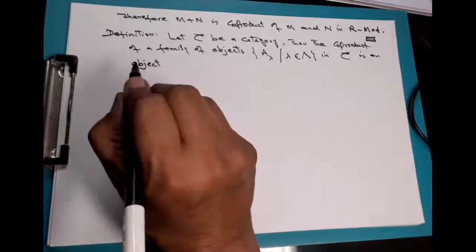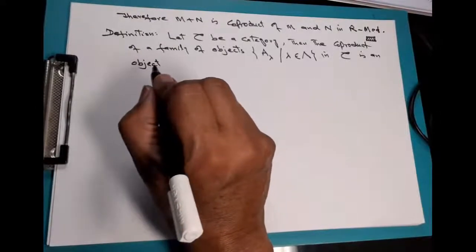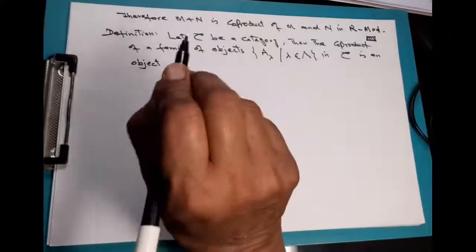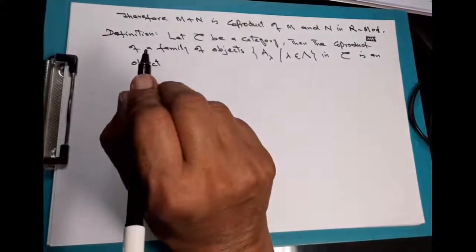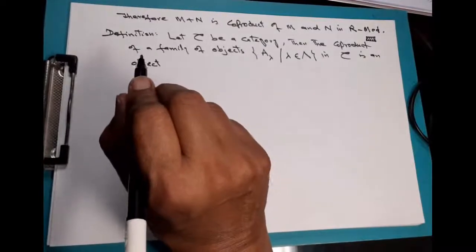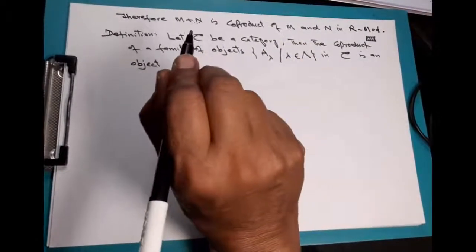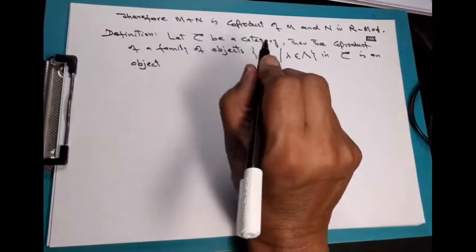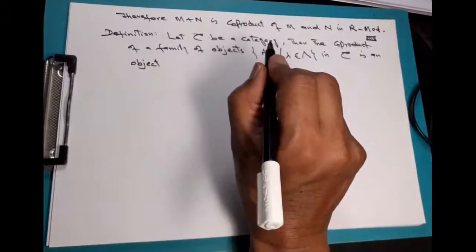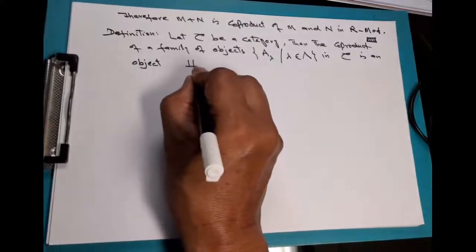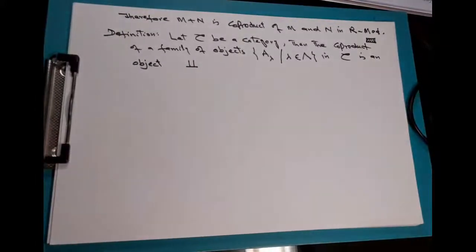Now again, note about the symbols. We used the symbol plus when we wrote the co-product of two objects. But for an indexed family of objects, the symbol we will use is similar to the symbol we use for disjoint union.